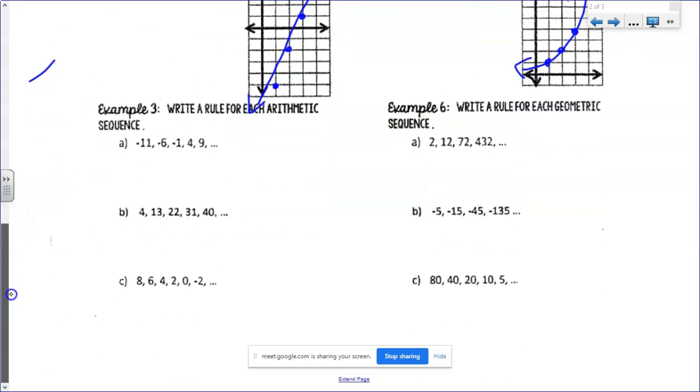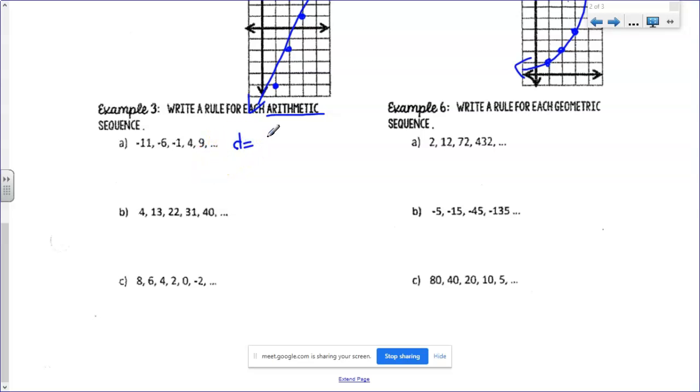Okay, so let's come on down here and let's look at the rules, how we write the rule. First of all, we're telling you this is an arithmetic sequence. You don't have to decide on these here. So in this first one, we're going to find out how do I get from negative 11 to negative 6, negative 6 to negative 1, negative 1 to 4, 4 to 9. What is my difference?